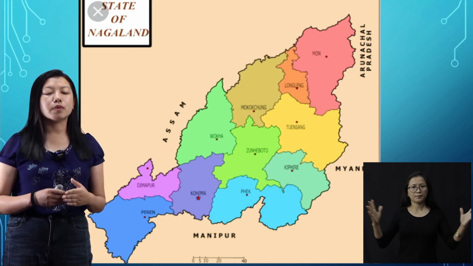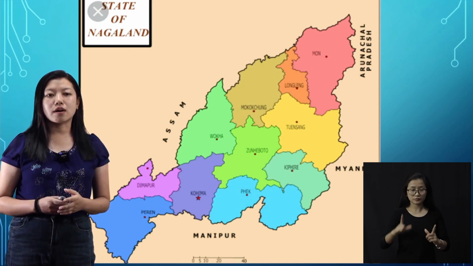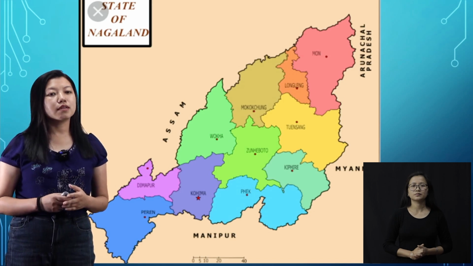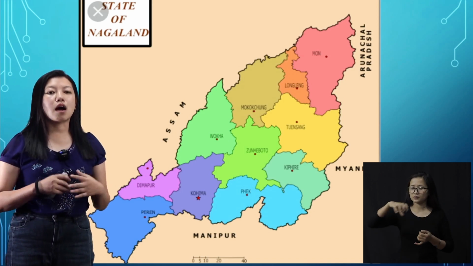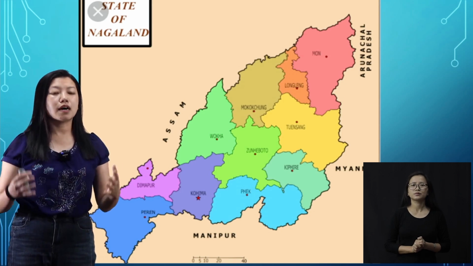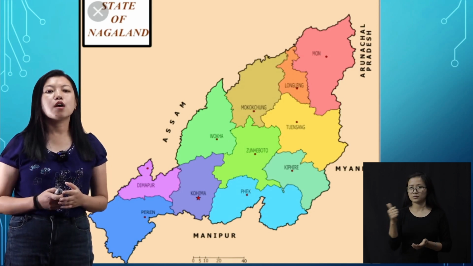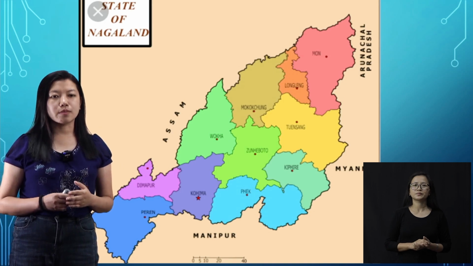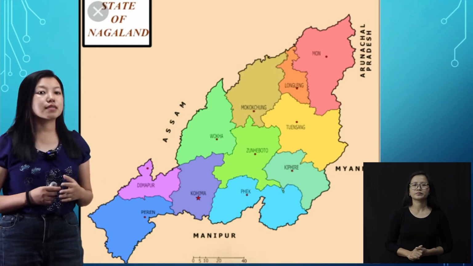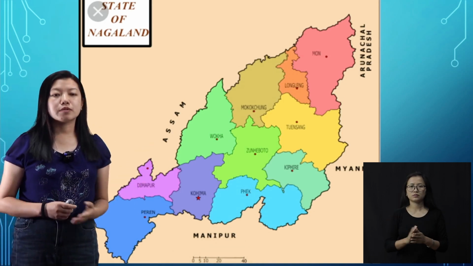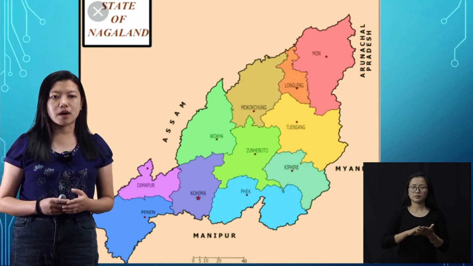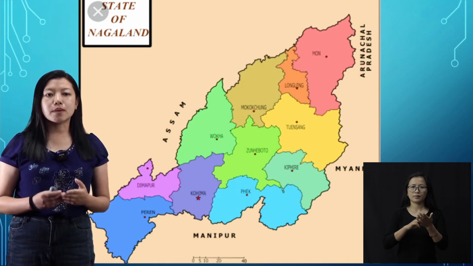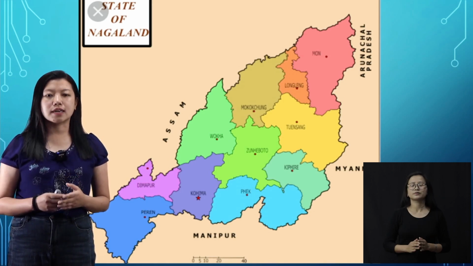So these people living next to your door are your neighbors, okay? So similarly, we also have neighboring states near Nagaland. We also have other states which are known as the neighboring states, okay? So we have Assam, Arunachal Pradesh, Manipur and Myanmar, okay? So these are the neighboring states of Nagaland.